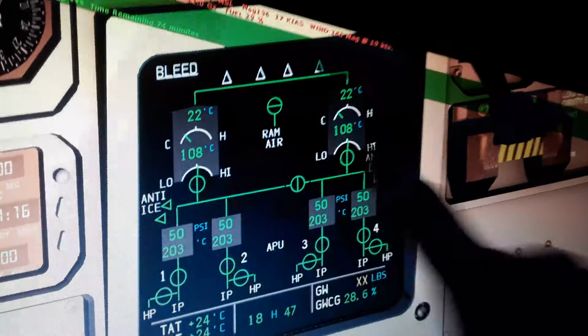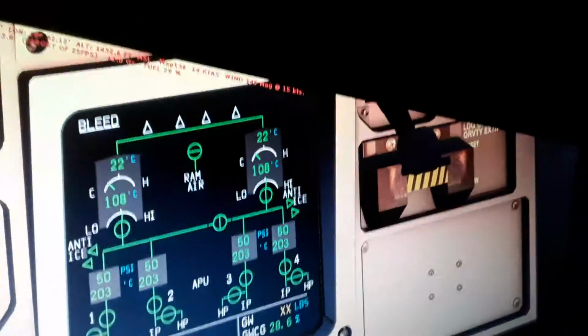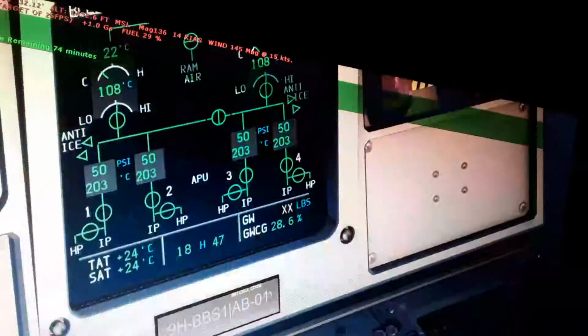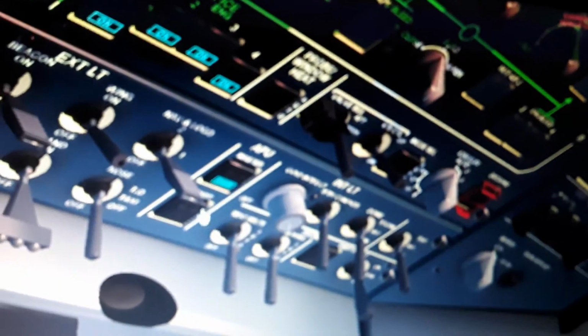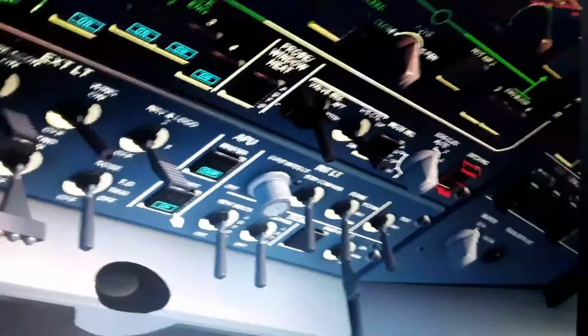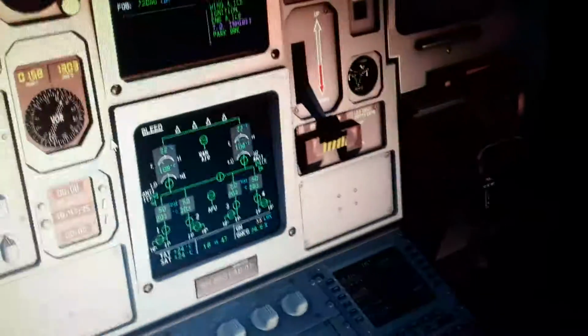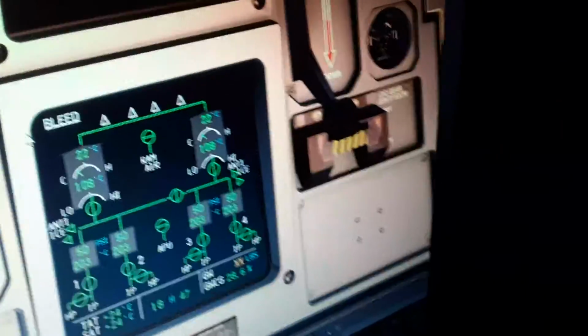Here are the packs out, so the left and the right. The APU is not working right now. Maybe I should turn it on because we're gonna make an engine start demonstration. So here, if I press these two buttons, we're gonna have the APU running in a couple of minutes and supplying air if we need.